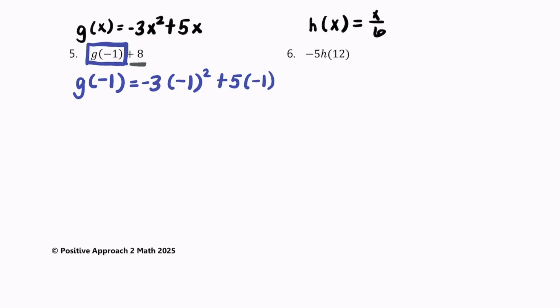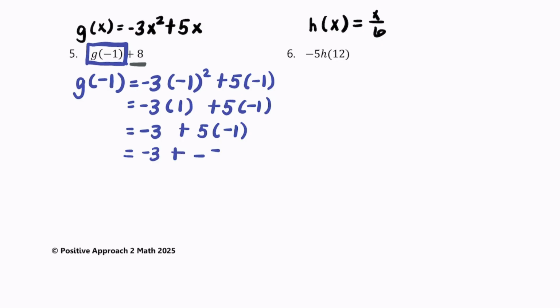Okay. And so here we see, okay, negative 1 squared is 1. Remember, we're squaring first in that case. Negative 3 times 1 is negative 3. 5 times negative 1 is negative 5. And so g of negative 1 is equal to negative 8.